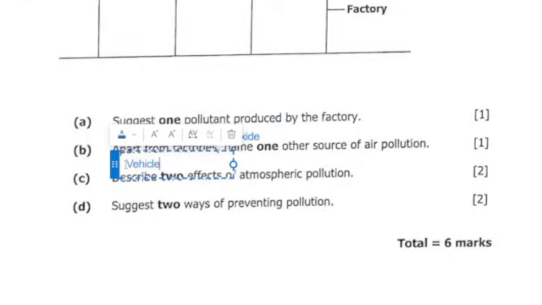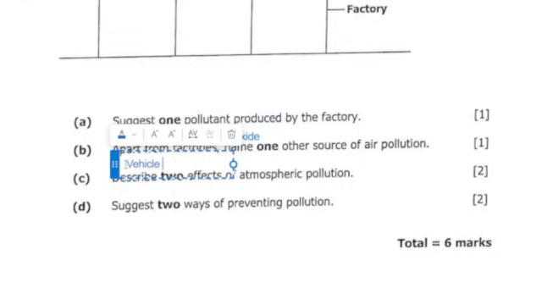Okay, it doesn't matter if you are not seeing the smoke coming from the vehicle, but vehicles usually produce carbon monoxide, which is hazardous to life. So vehicles are also one of the things that produce air pollutants.